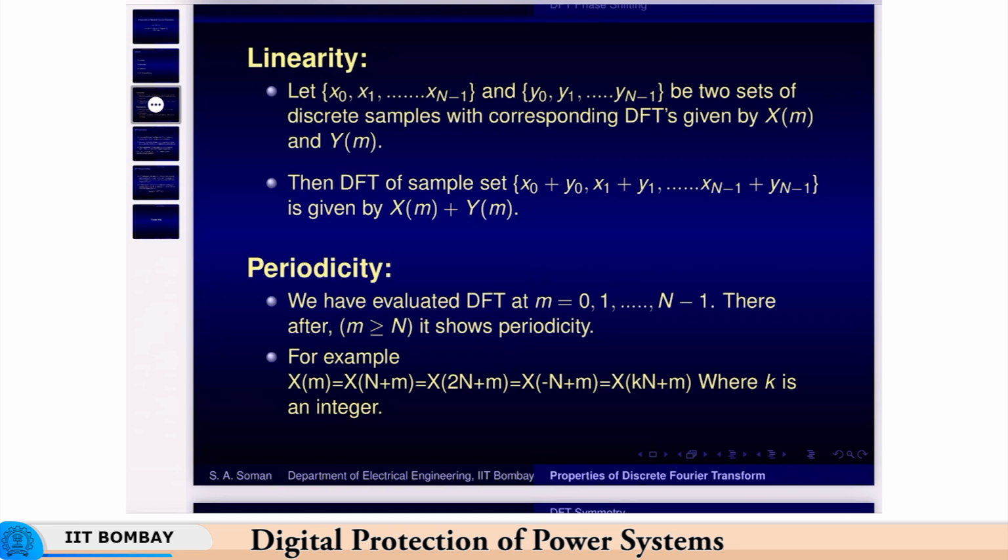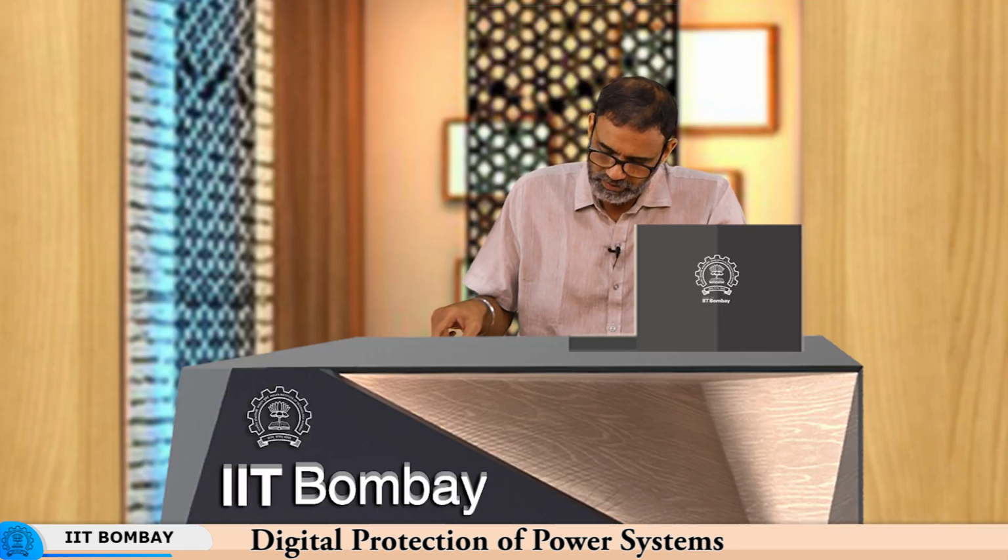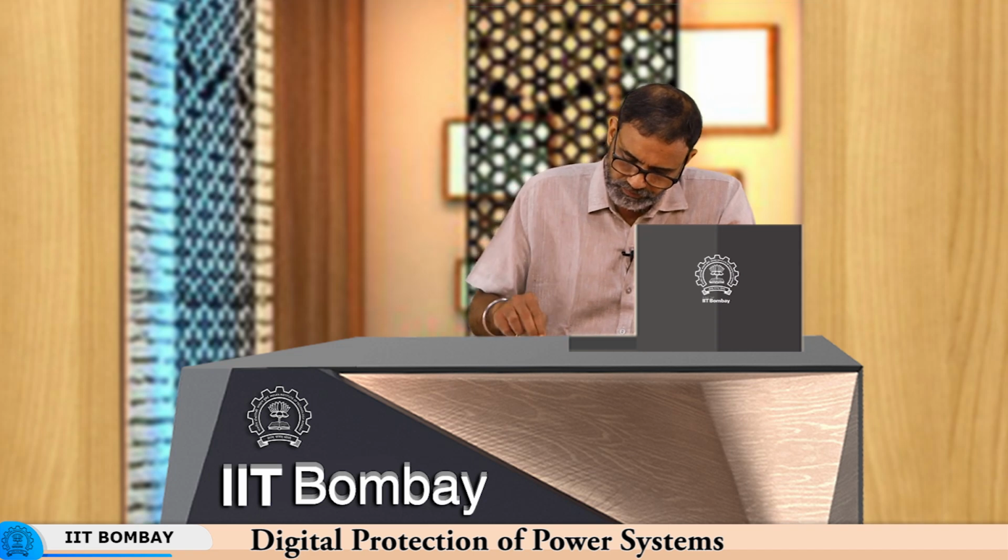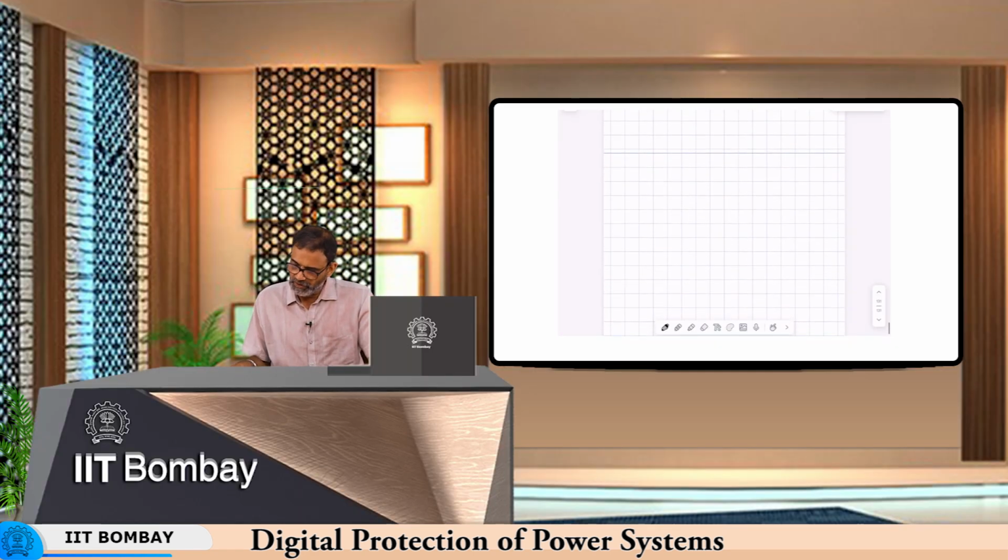If you were to add the 2 sample sets and get the set x0 plus y0, x1 plus y1, and so on up to xn minus 1 plus yn minus 1, the DFT of that set is given by X of m plus Y of m. Actually pretty straightforward, there is nothing much to it, but we will just have a look.